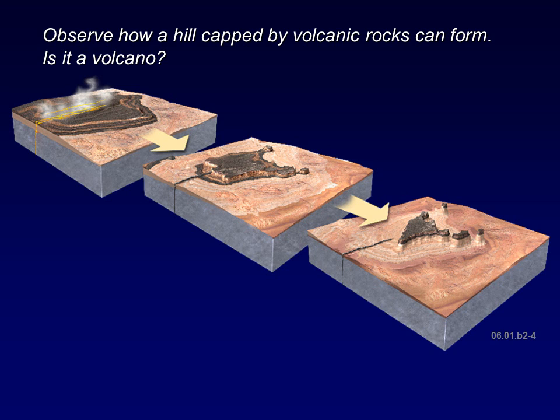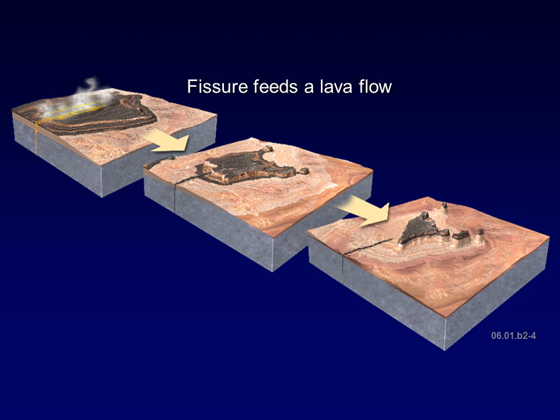Alright, here we go. We have in this first image a fissure, erupting lava all over the surface here. Okay, so again, a fissure is just a big crack in the ground that's being fed by magma below, and lava is spilling out. Okay, the next image is after the lava is done flowing, the rock has solidified, and now it is susceptible to erosion.